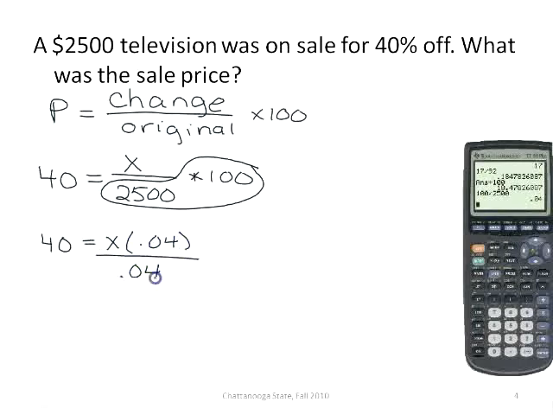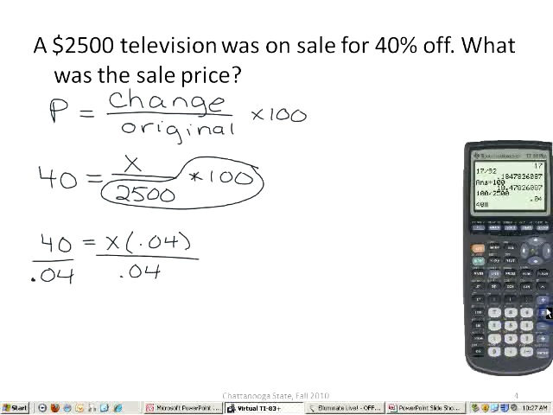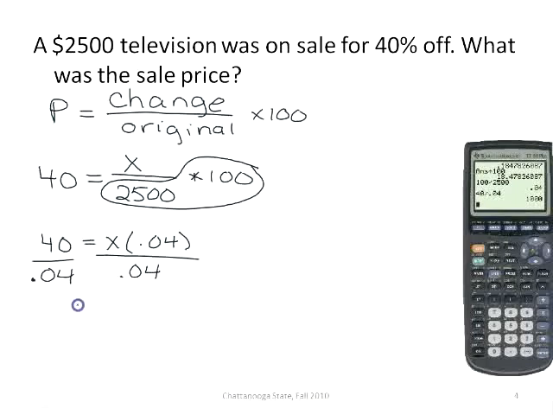Then I would just divide by 0.04. Dividing 40 by 0.04 gives me 1,000. So that means the change in the price is $1,000.